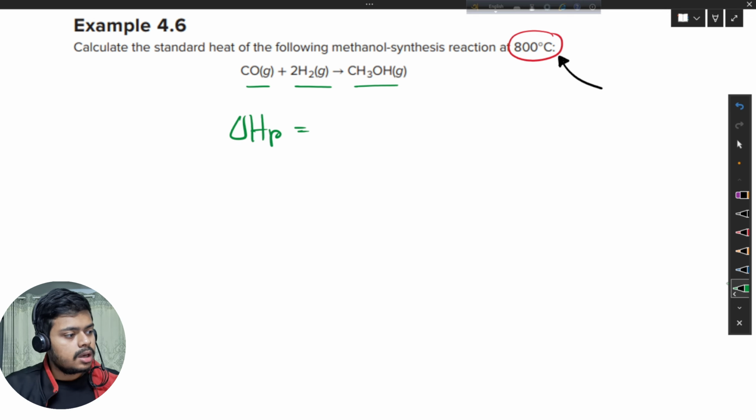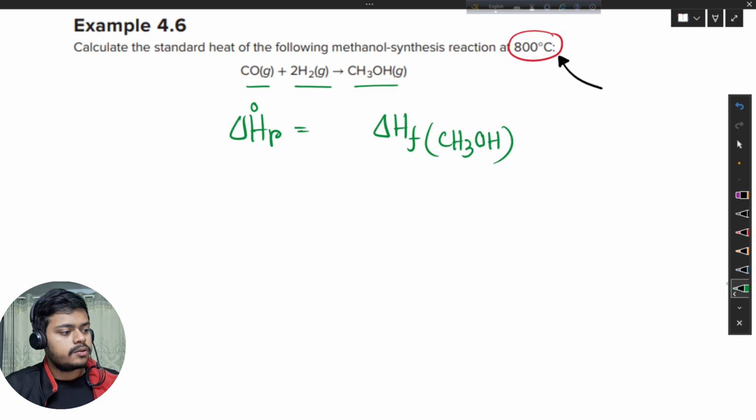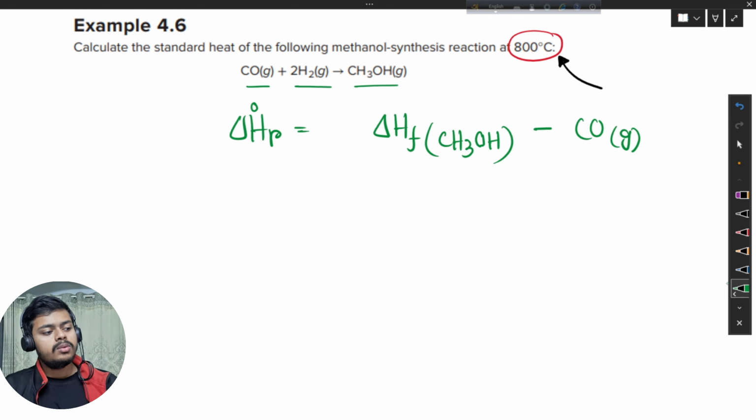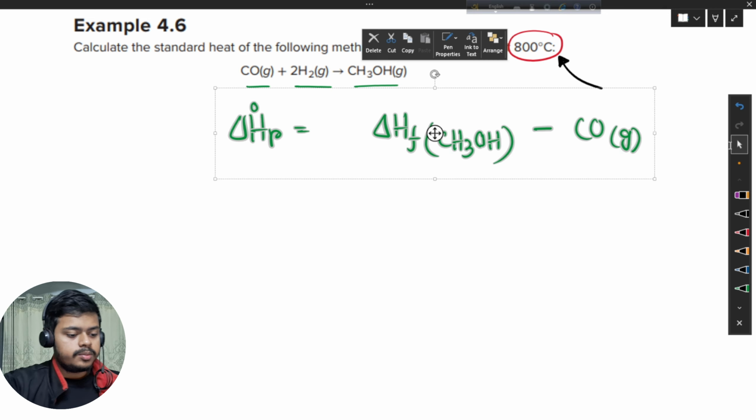So for this chemical reaction, the heat of reaction at standard conditions was going to be the heat of formation for methanol minus the heat of formation for carbon monoxide. And we also explained why we always do output minus input in the case of heat of formation. So that's all that we learned in the previous video.